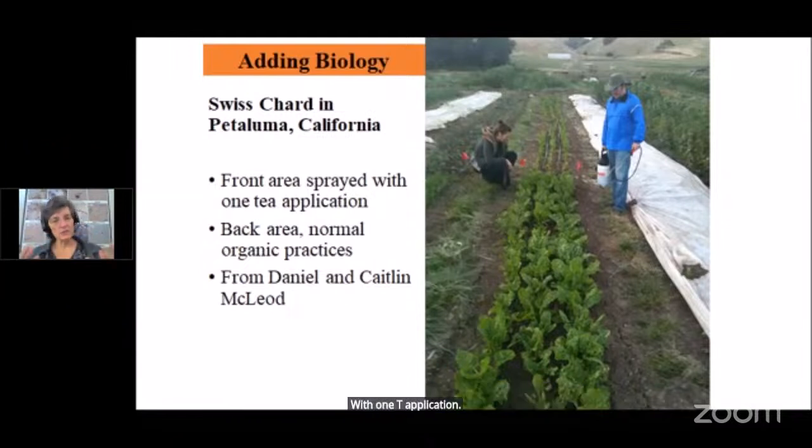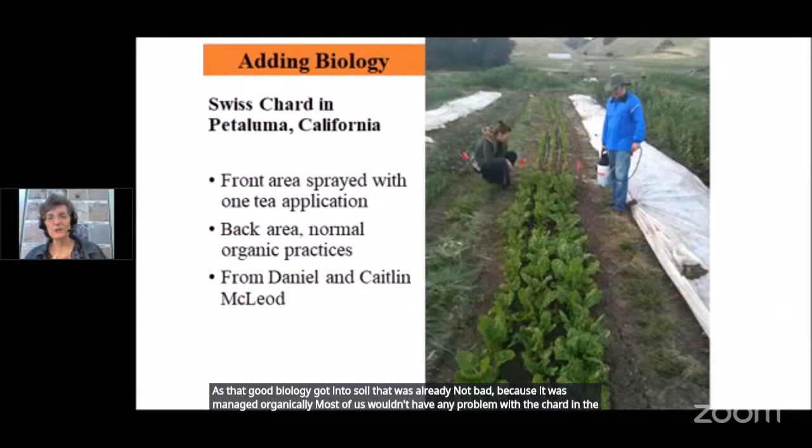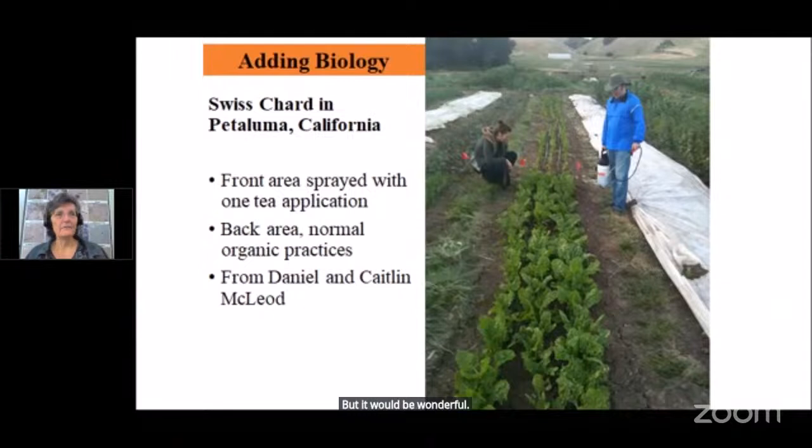And look at how that chard has exploded in growth as that good biology got into soil that was already not bad because it was managed organically. Most of us wouldn't have any problem with the chard in the background of this picture, but it would be wonderful to have the growth that we're seeing in the front end.